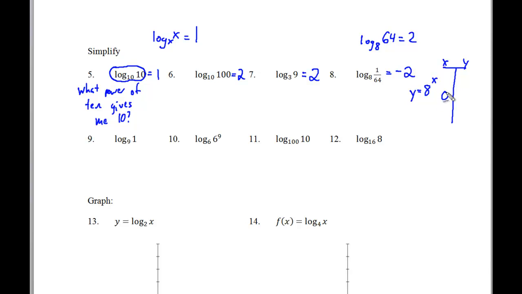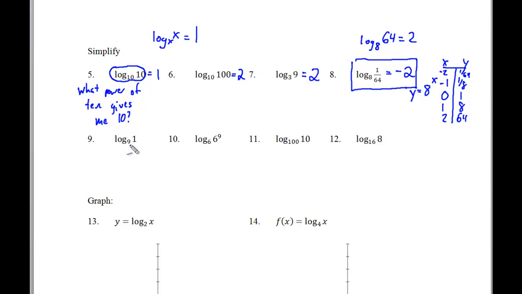You will see that 0 gives 1, 1 gives 8, 2 gives 64, negative 1 gives 1/8, and negative 2 gives 1 over 64. These will be decimal equivalents on the calculator, so they're a little harder to find. Again, if this has been rocking your boat, the change of base formula, which we will learn later, will make this problem a lot simpler.